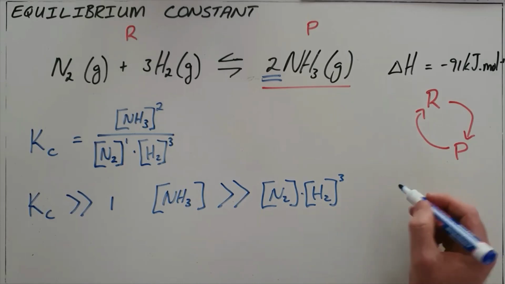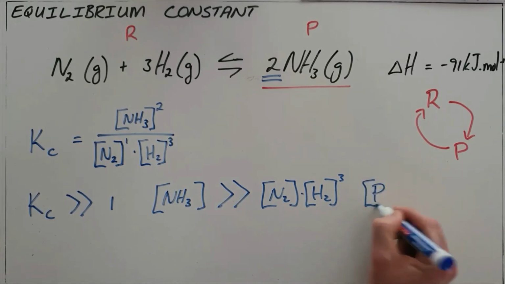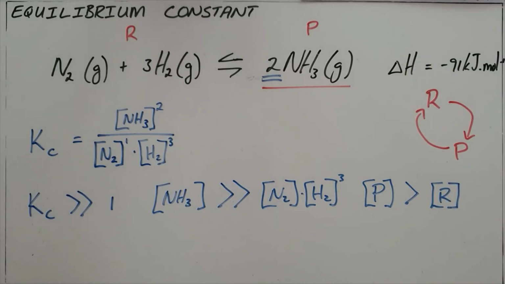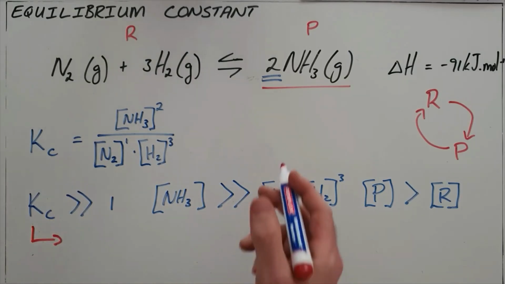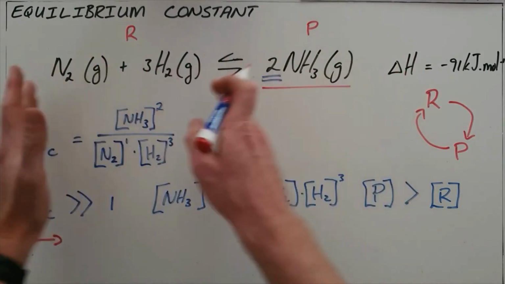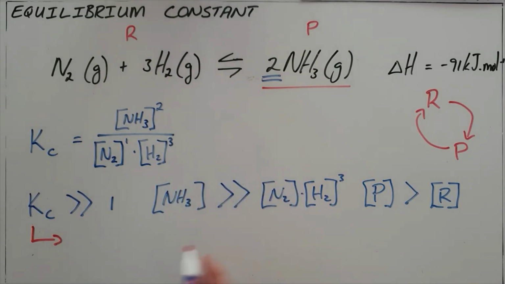What that essentially tells us is our concentration of the products is greater than the concentration of our reactants. And the way that we say this is we say that equilibrium lies to the right. We are saying on balance there are more products present than reactants in this reaction. So for Kc much bigger than 1, we say that equilibrium lies to the right.